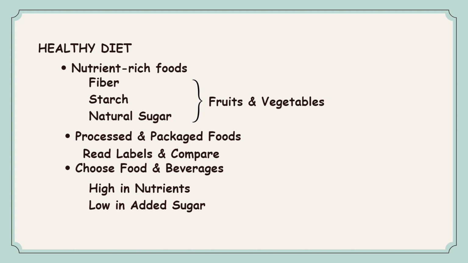Foods high in natural sugars, fiber, and starch, such as fruits and vegetables, are generally higher in nutrients than foods high in added sugars. That being said, since most people's diets include processed and packaged foods, carefully reading nutrition labels can help you make more nutrient-dense food choices by comparing products.